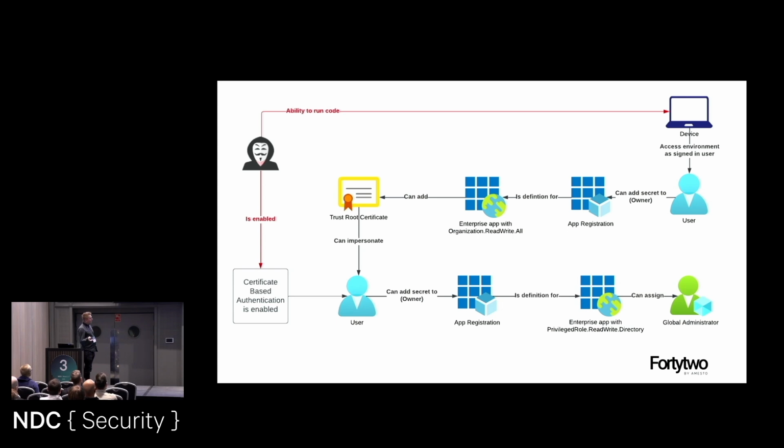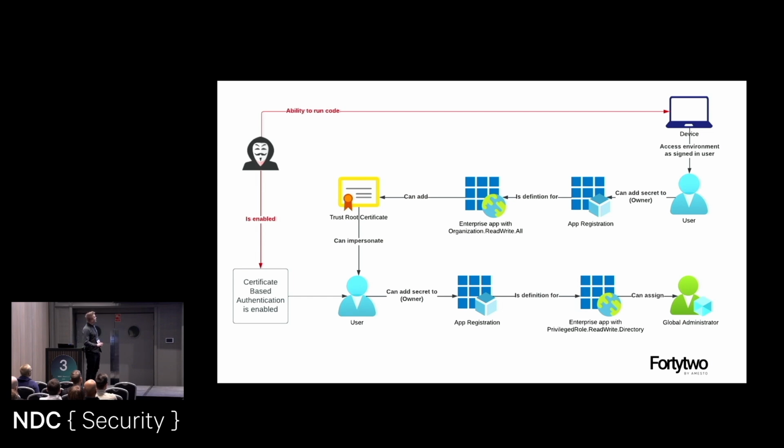Of course, sometimes there are way more advanced attack paths. So he might have access to a device, could also be temporarily through some kind of phishing or some way that he can run stuff as a user. And he can use the same way as an owner. Then he finds another access, organization read-write all.